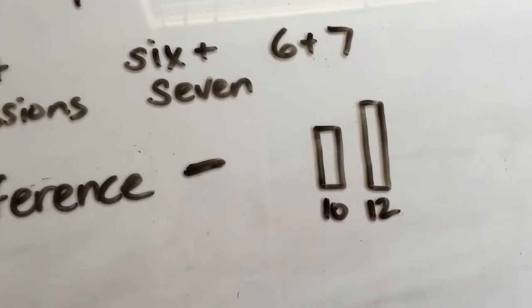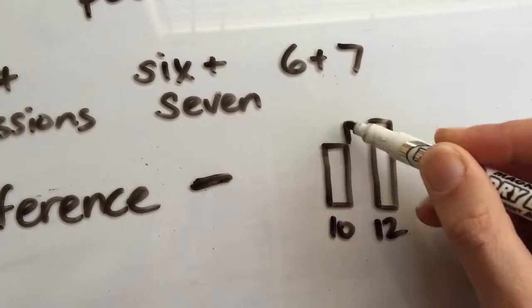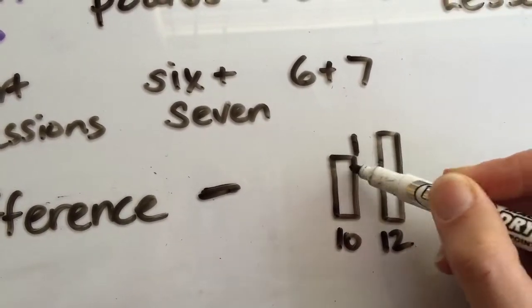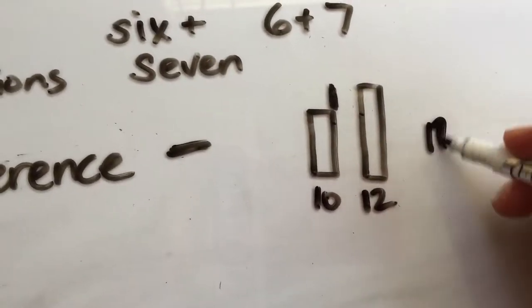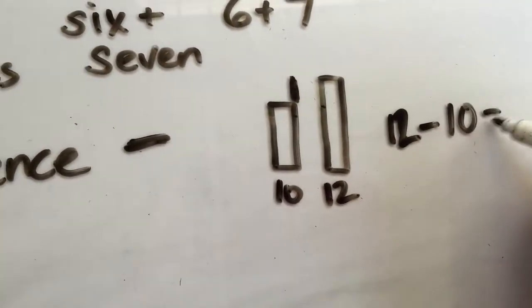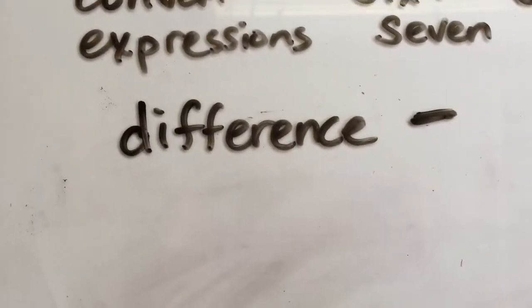They're not the same. What's the difference between them? It's this space here. The difference between the 10-footer and the 12-footer has to be 2 feet. That's 12 minus 10. If you hear difference, think subtraction.